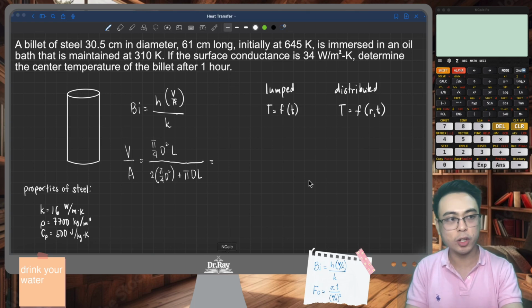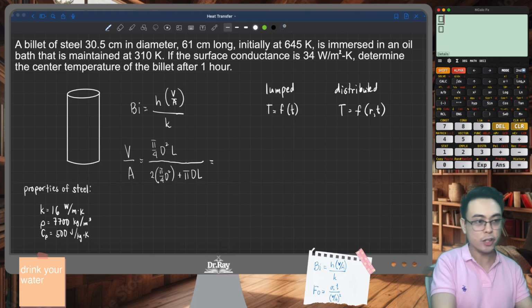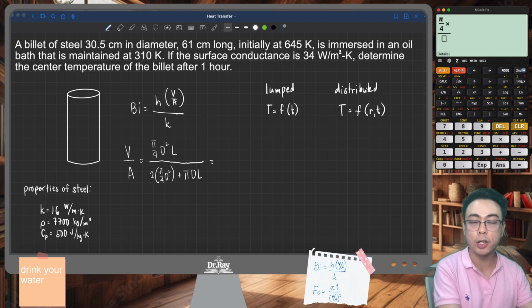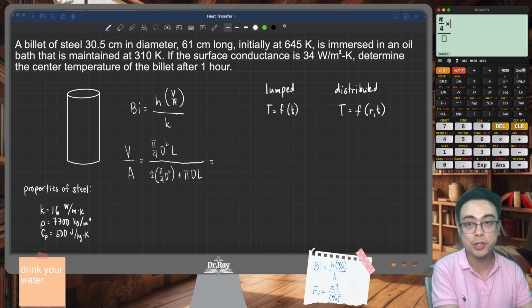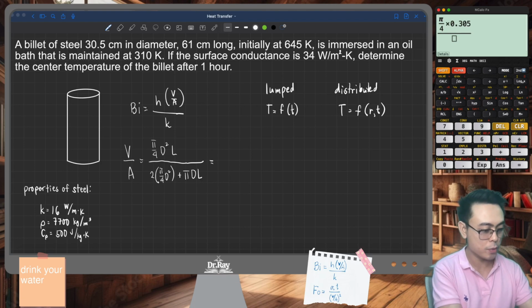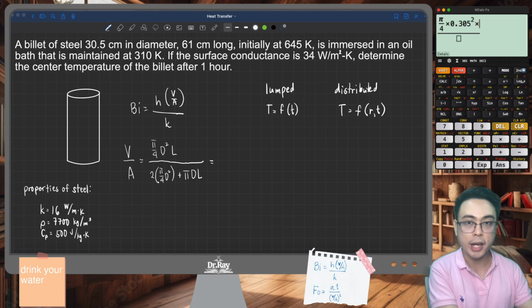Take a look at the calculator. Let's calculate. For the numerator, that is pi over 4 times diameter. I'm going to convert my diameter and length in meters, right? So my diameter is 0.305 meters, squared. Sorry. Times the length, 0.61 meters.